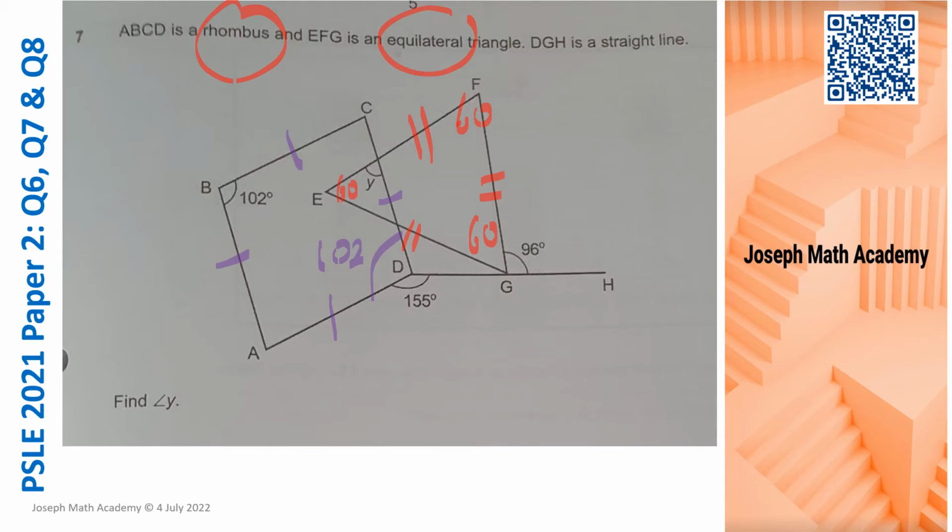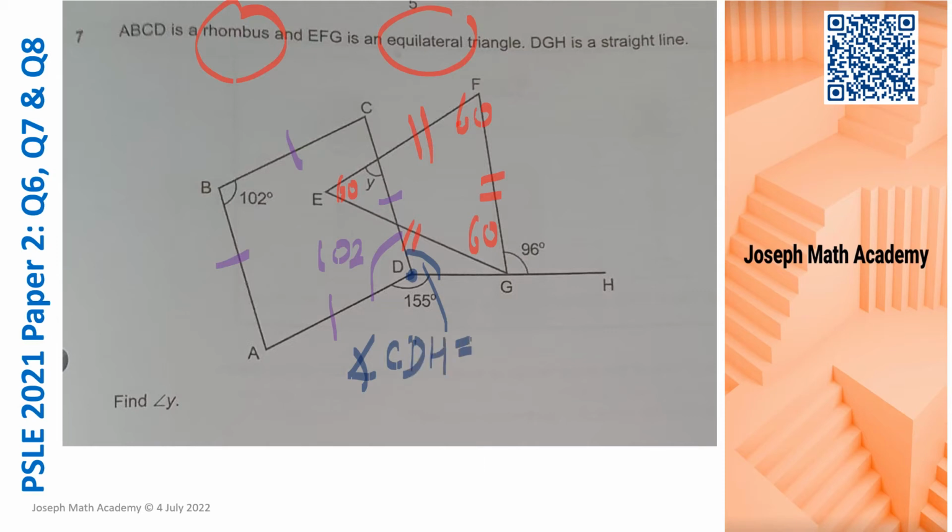Now, if you look very, very carefully at vertex D, we have already gotten 2 angles, meaning we can find angle CDH.